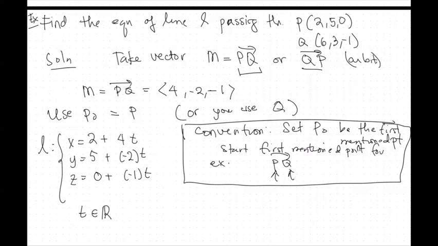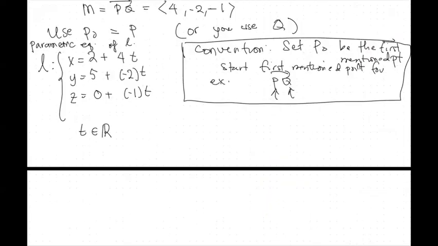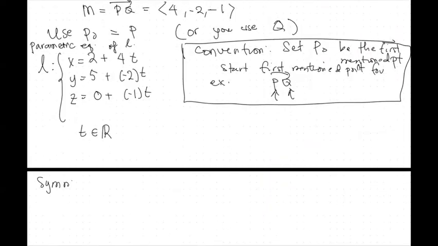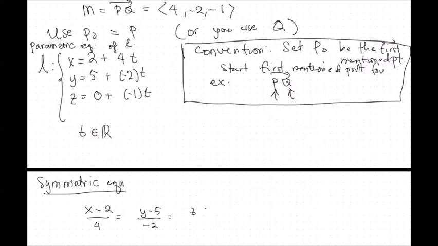So this is your parametric equation of our line L. And then for the symmetric, you get X minus 2 over 4 is equal to Y minus 5 over -2 is equal to Z minus 0 over -1. This is your symmetric equation. Okay, that's it.